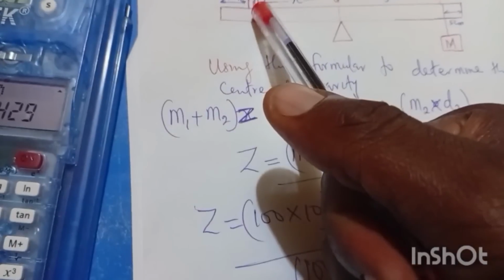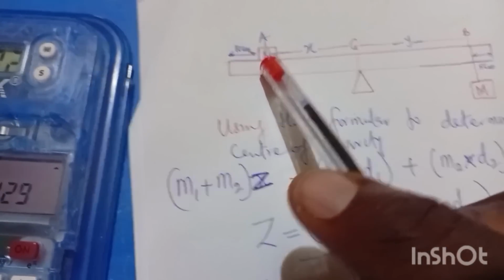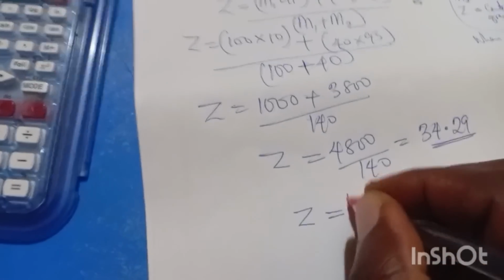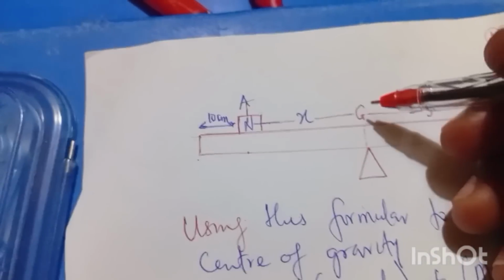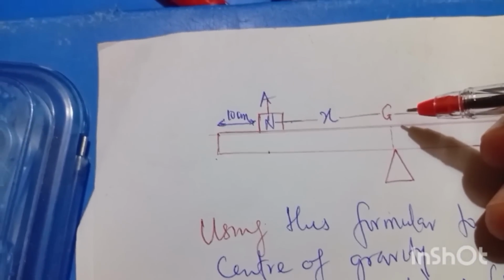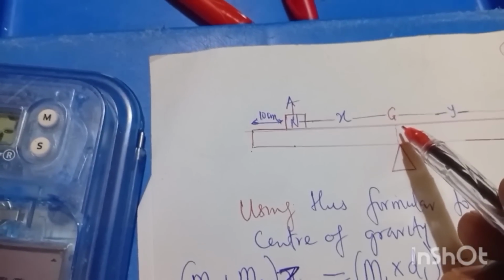When this guy that you call n is on this position 10 centimeter and you have 40 here, the center of gravity will be 34.29. That is, this g at that moment will be 34.29. Now look at this g here.